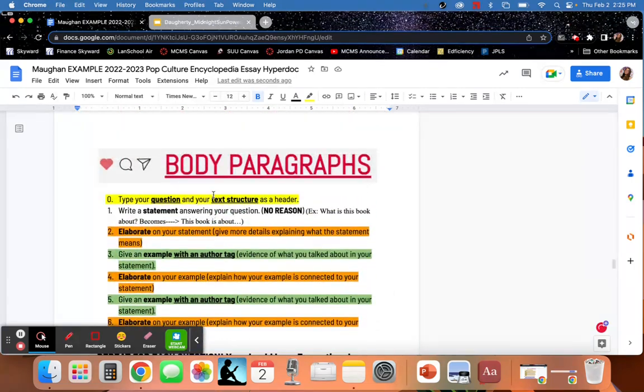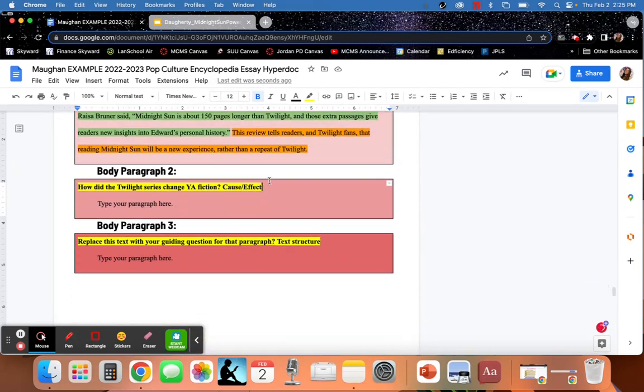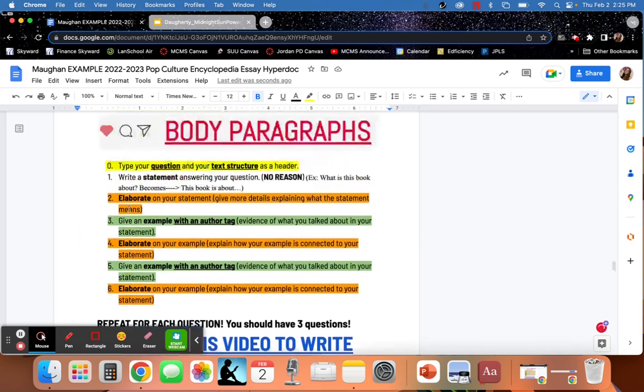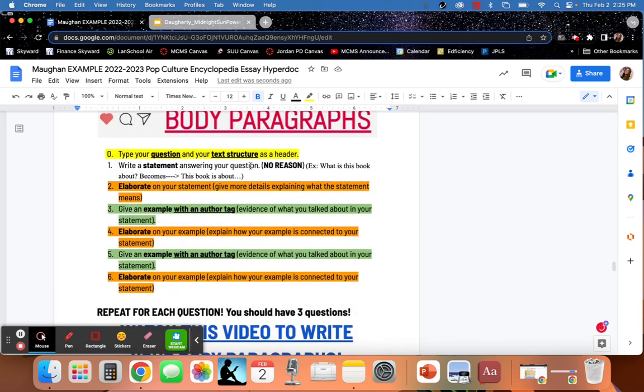Coming back up to my sentence guide. Oh, and notice that that is highlighted in yellow. Make sure that you have your question and your text structure and that they are both highlighted in yellow. Okay, moving on. The next one, so this is going to be just a 6-sentence paragraph like we're used to, like SREE format.